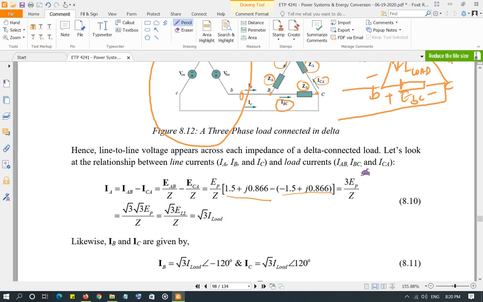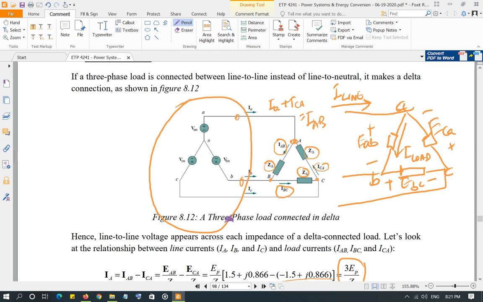And then what we get is 3 E peak over Z. Now we can write 3 E peak as square root of 3 times square root of 3 E peak over Z. And then square root of 3 E peak is E line to line magnitude, right? So we put E line to line, and then E line to line over Z is the load current.